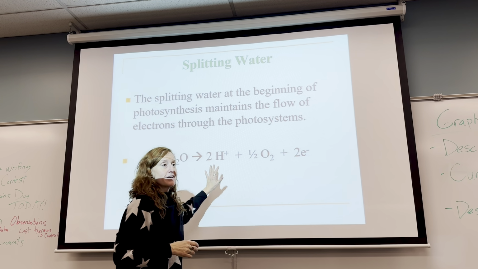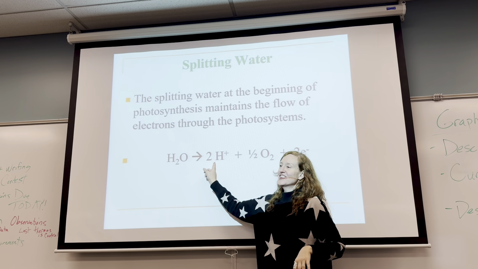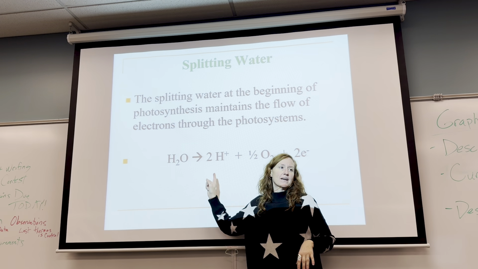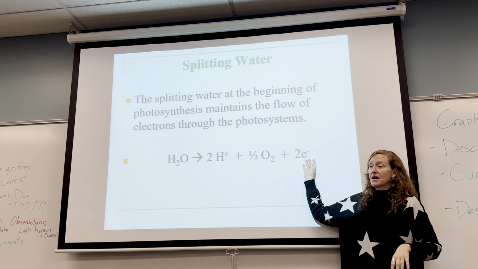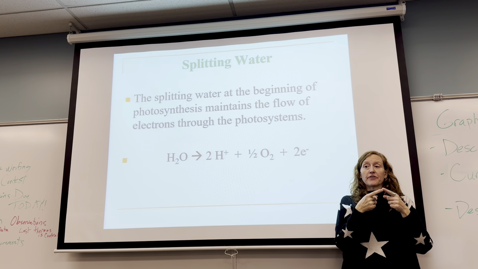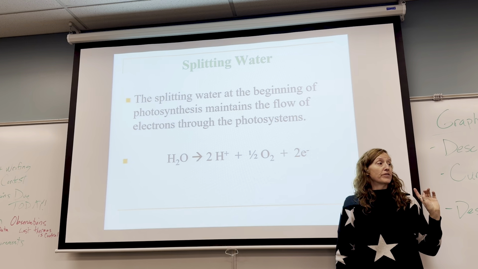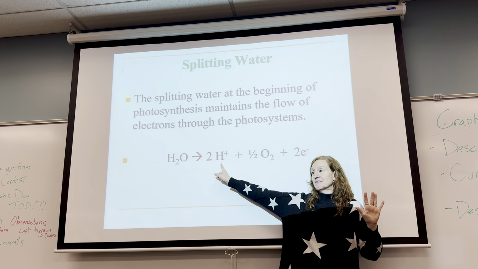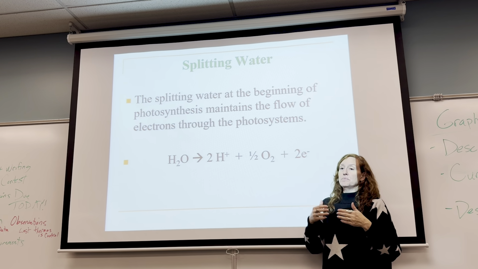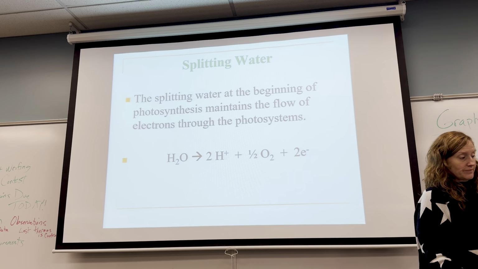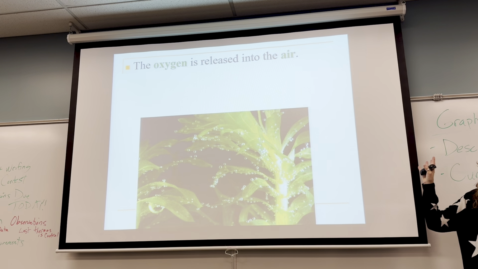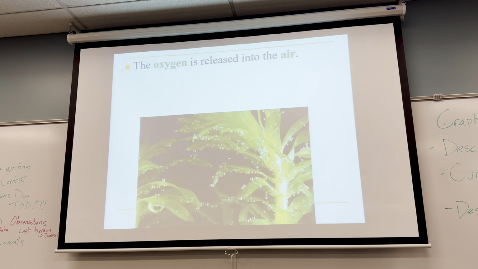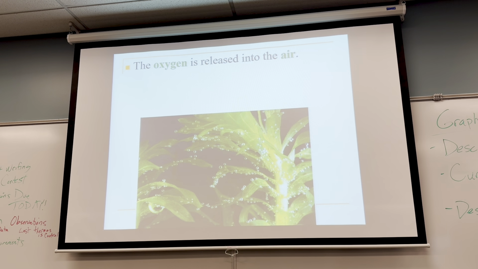The hydrogens are going to help make NADPH, and the electrons are going to bounce around, and they're going to glue together ADP plus P, or the NADP plus the H to make the NADPH. Oxygen gets released, as I said, right into the air. Thank goodness, we're breathing now.